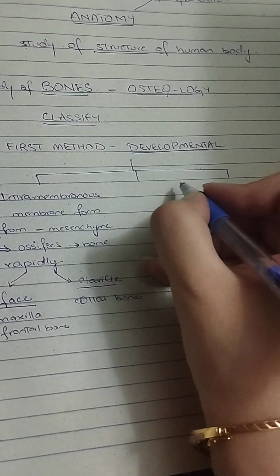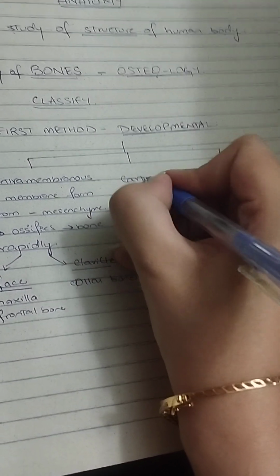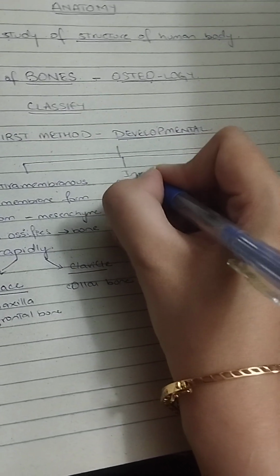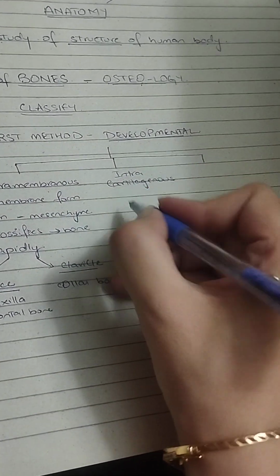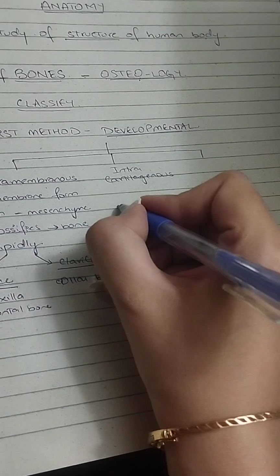The second developmental classification of a bone is a cartilaginous or intracartilaginous bone. These are the bones that first transform into a cartilage.